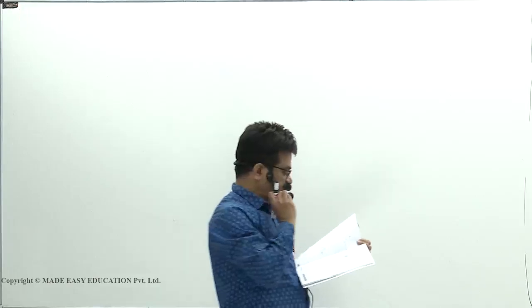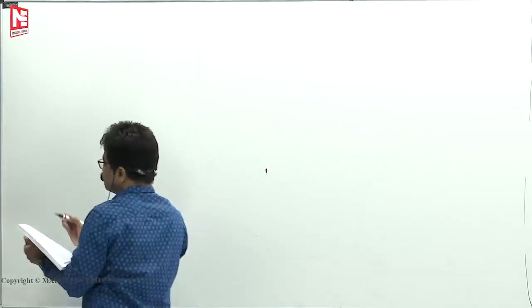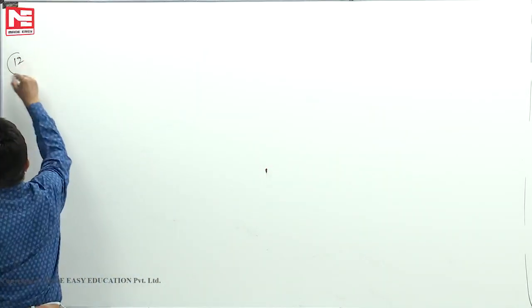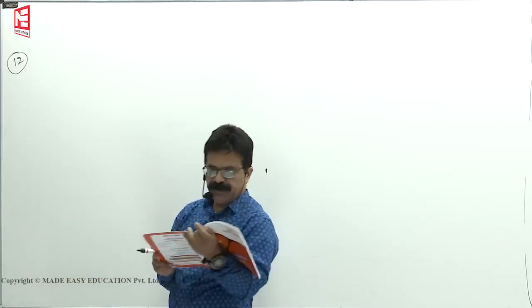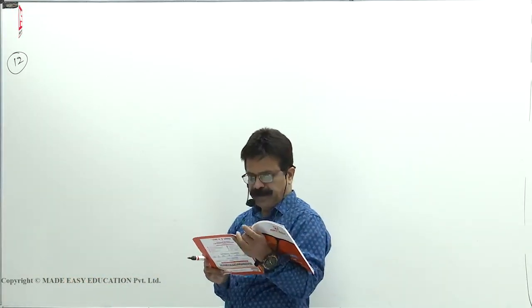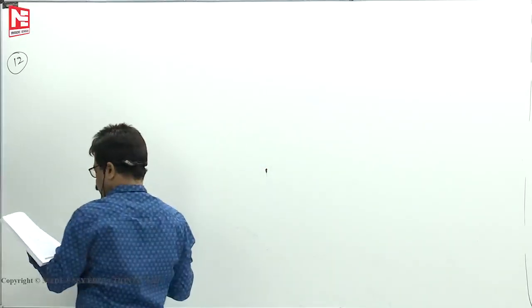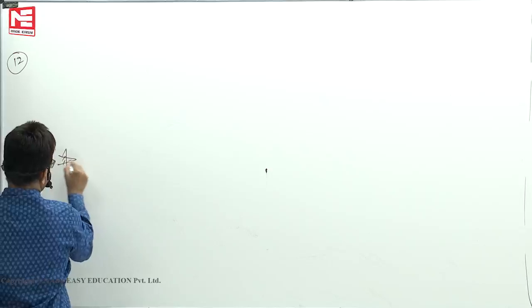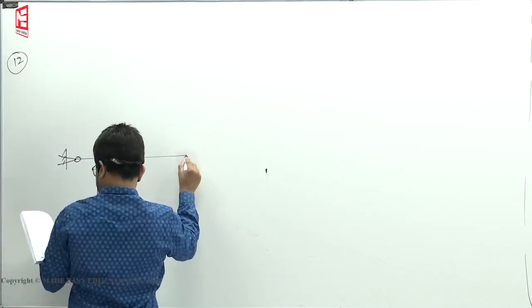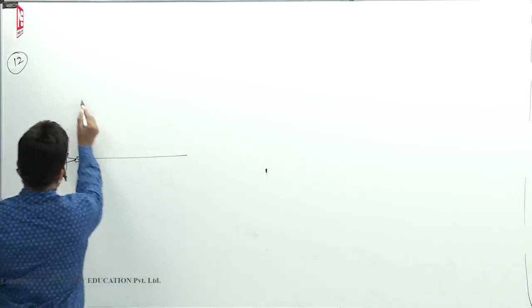Okay. Now numerical data. Maximum tension in the cable when a 10 kilonewton load is moving from point P towards Q. So we have a hinge. This is the beam. There is a rope.